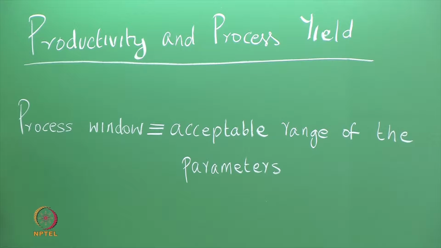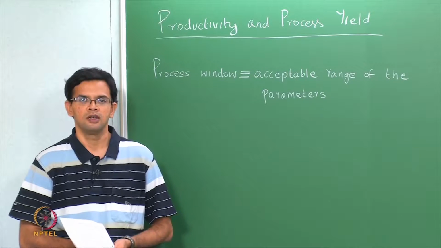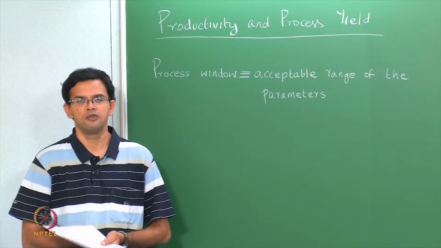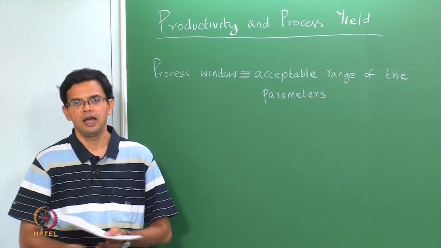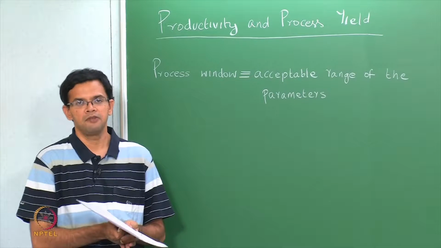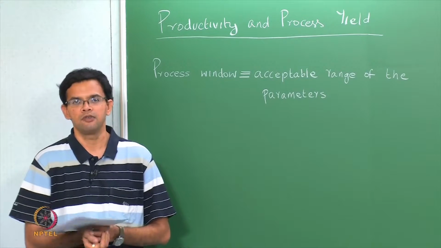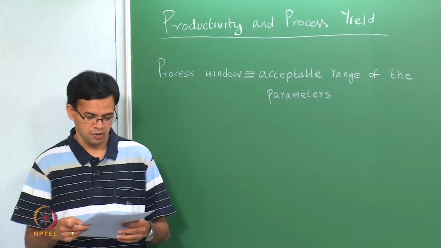So, semiconductor IC manufacturing is essentially a complex process. It is a series of processes which are sequentially arranged one after the other as a sort of assembly line. So, we start with a blank wafer and ultimately at the end of the process we get our finished die or the finished chip.